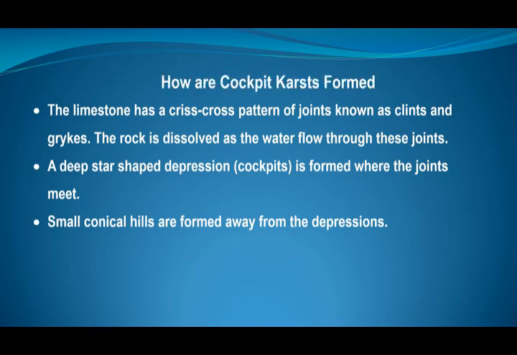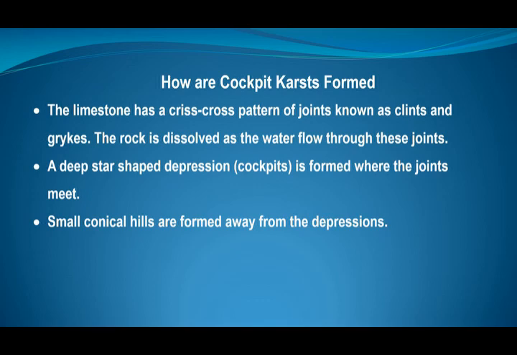Cockpit karst are formed when the limestone, for example, well, it starts out like a flat area, and the limestone pavement being fretted or crisscrossed with fractures along the surface. Now, as the rainwater flows through the surface, over time the fractures get wider and deeper.